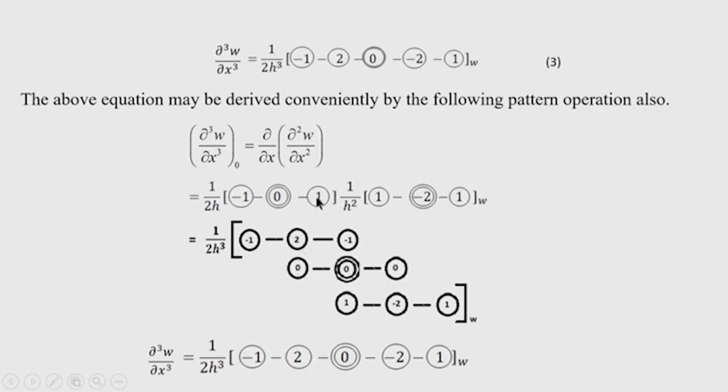Then the third term, I am multiplying by 1, then minus 2, then 1. Then if you add all this column wise, we will get 2 h cube as the factor, bracket, this is minus 1, this is 2 and this is 0, plus 1 minus 1 will be 0, then again it is minus 2 and 1.